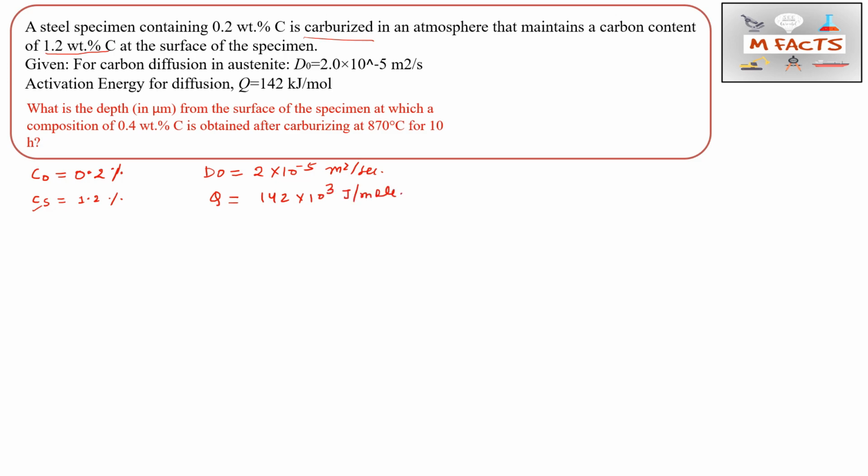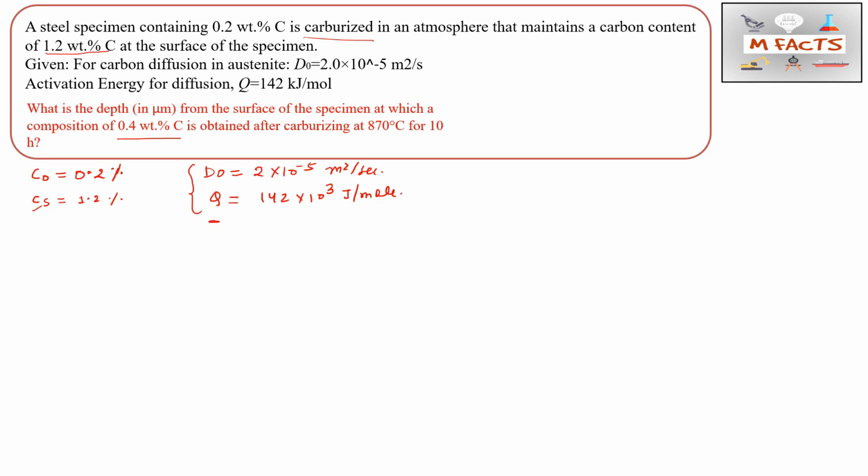Now let us find what the question is asking. What is the depth in micrometers from the surface of the specimen at which a composition of 0.2 weight percent is obtained after carburizing at 870 degrees centigrade for 10 hours?